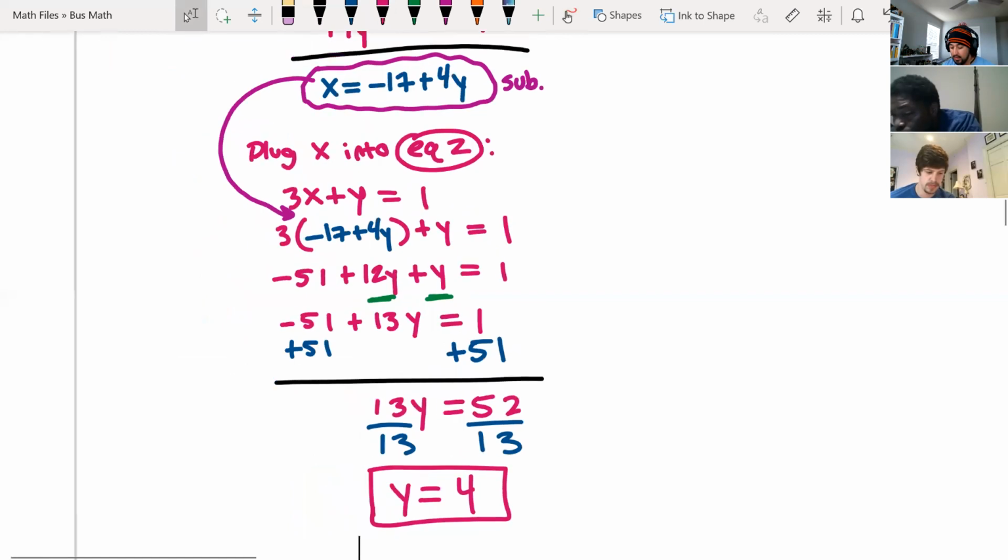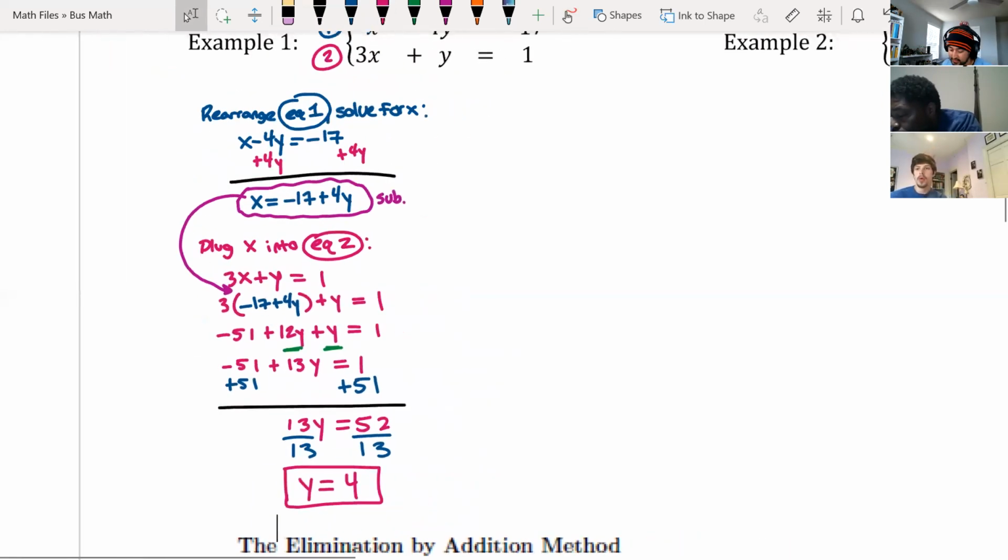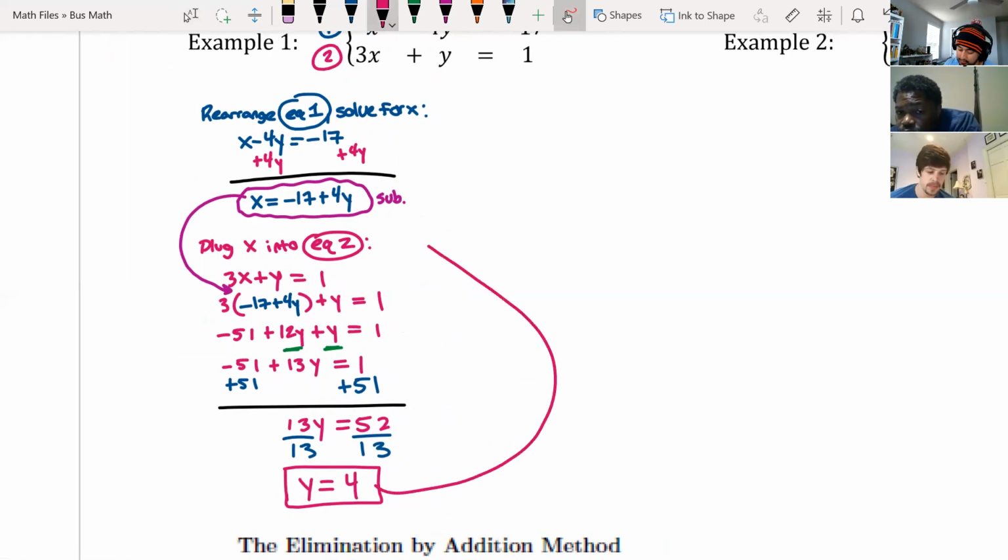Okay. And now we're almost there. All we have left to do now is solve for x using our substitution. So what we're going to do is take this y and plug it into the substitution that we made previously for x. So that's what we're going to do next.